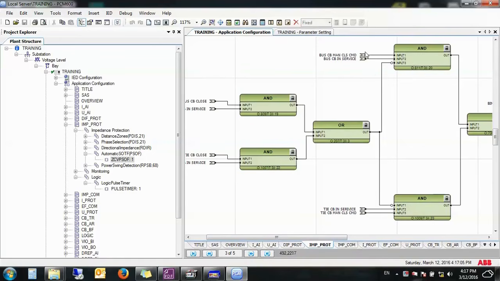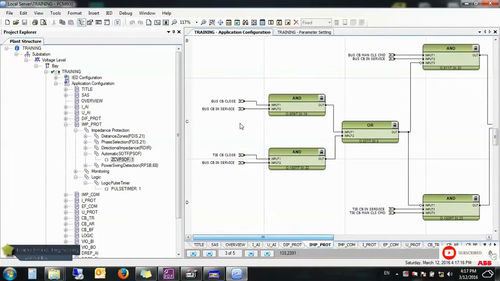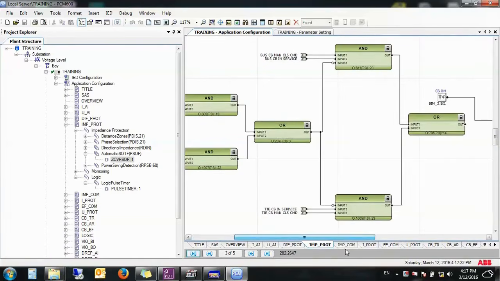If you give a manual close command and the original breaker is already in service, ready to close, you must have the tie closed in service. And to close the tie, the bus must not be closed in service. So if you have the bus in service or the tie in service, either of these two will come here on the not, making the end of these outputs 0. Any breaker, whether bus or tie, is closed. Is that clear? Great, excellent.